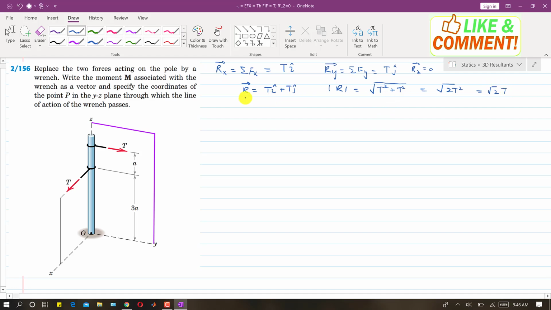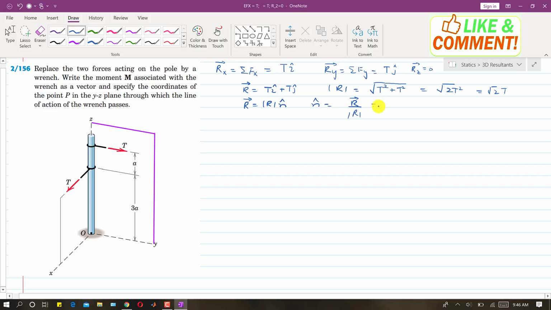And if you want to find the unit vector of the resultant, right? Unit vector is equal to the R vector divided by its magnitude.